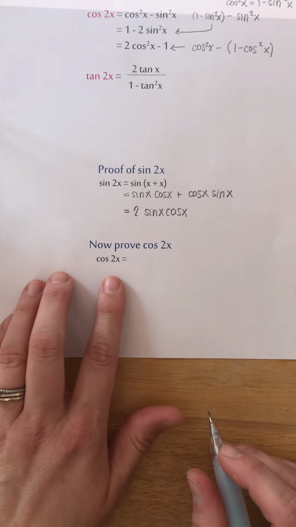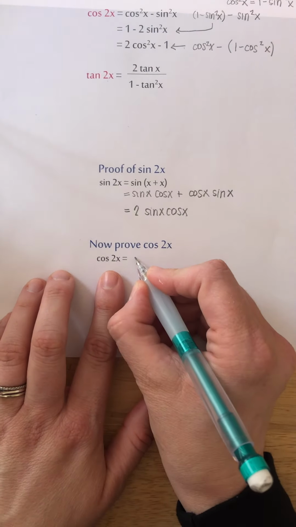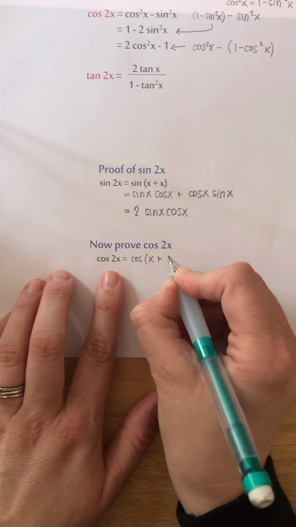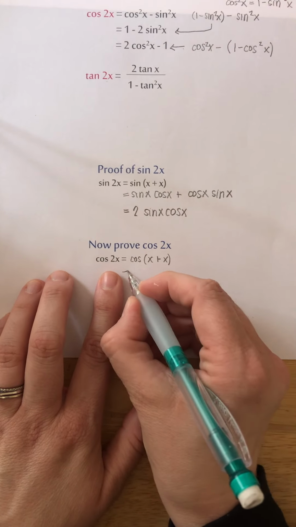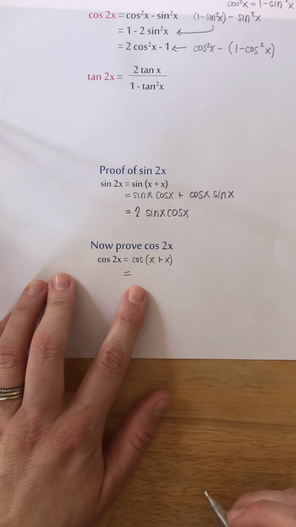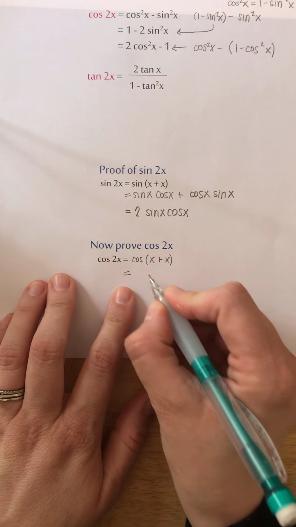Let's try to do the same thing for cosine of 2x. So I'm going to turn the 2x into x plus x. So we're going to use the addition formula for cosine, and that's the Charleston County Schools stink.